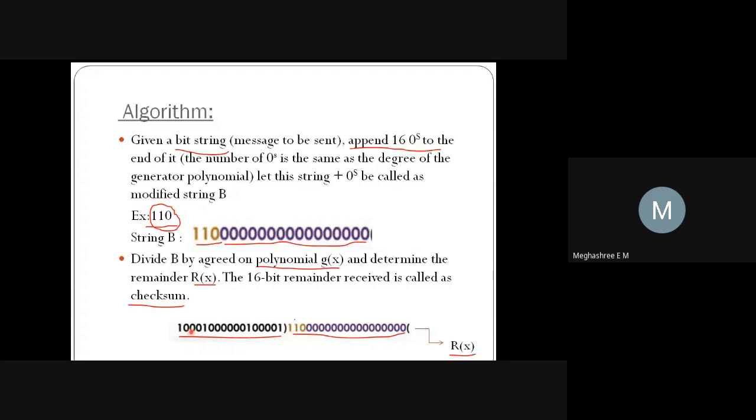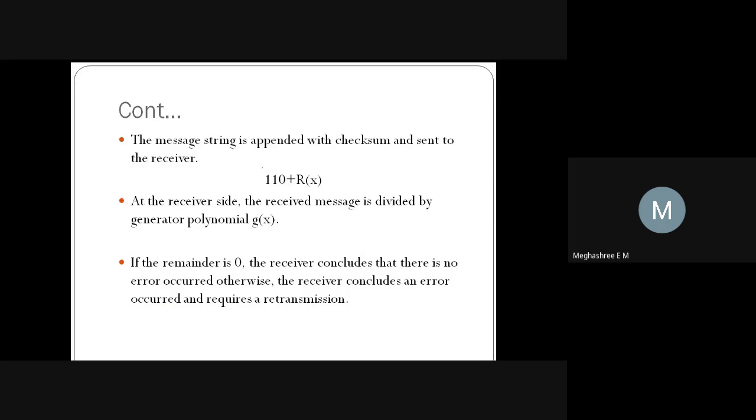You have to divide this data with the generator polynomial, and the checksum that you get should be appended to the message string. Then this whole thing we call the CRC.